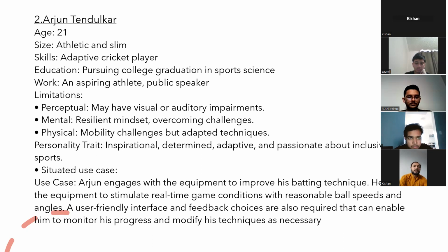So for implementing the feedback system in this machine, we need to improve it on a technical basis, so he can have a real-time environment experience, as well as know how he can improve his bowling and batting techniques.